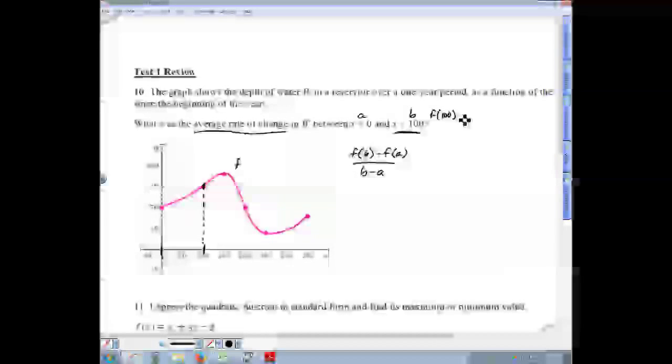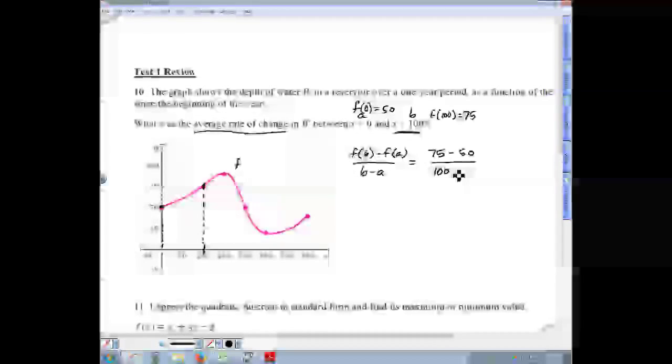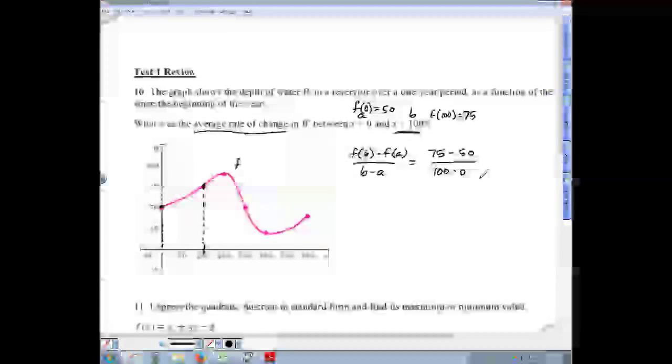So f of 100 equals 75. Now, f of 0, go to an x value of 0, check the vertical distance there, and it's 50. So f of b, which was 75, minus f of a, which is 50, all over b minus a.